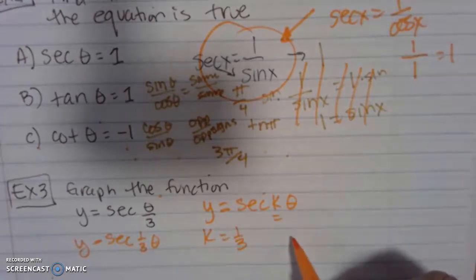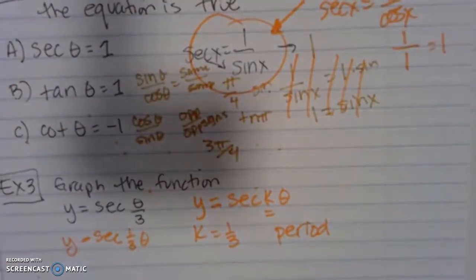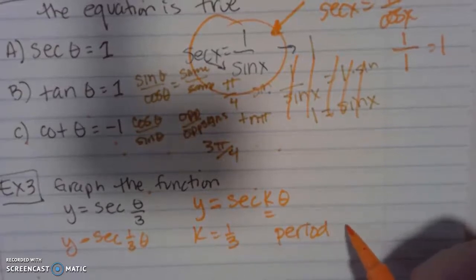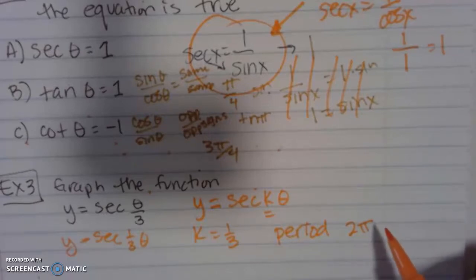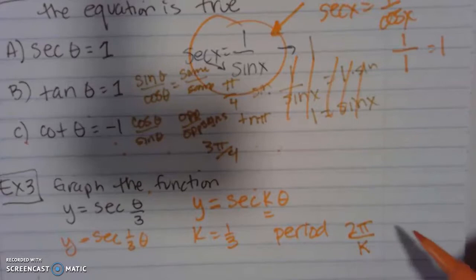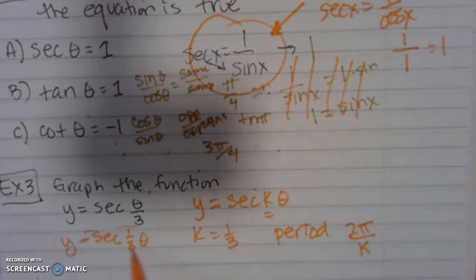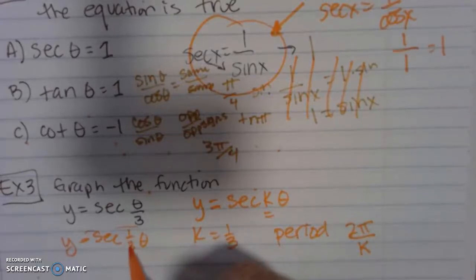And remember, when we did our graphs, we learned that the period of each of the trig functions was either pi or 2 pi. Well, cotangent and tangent are pi, so therefore the period of a secant is 2 pi, and we need to divide that by k to see what the period of this equation is, because normally the period is 2 pi, but we're multiplying in a factor here of 1/3.